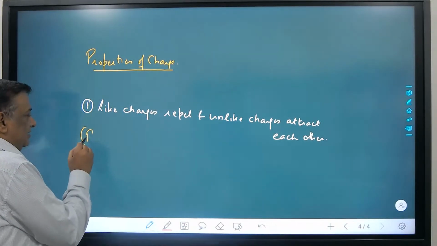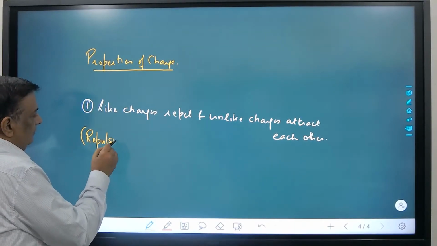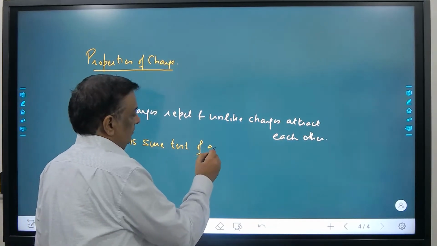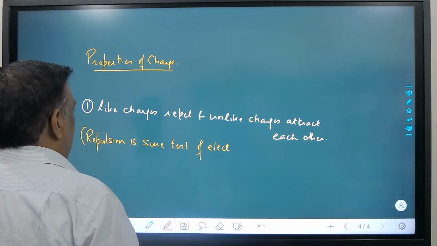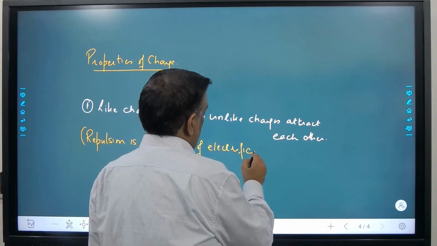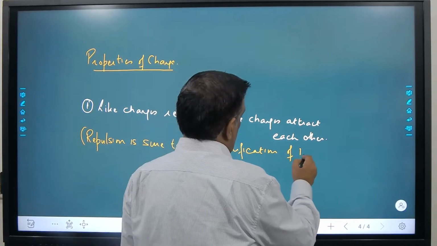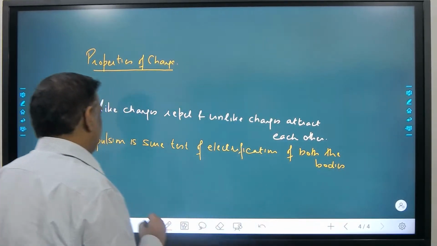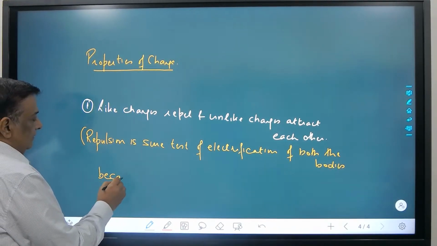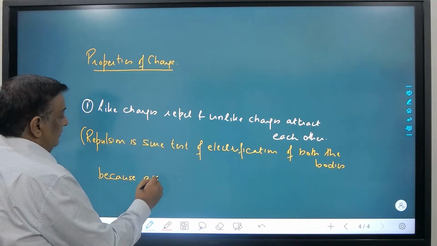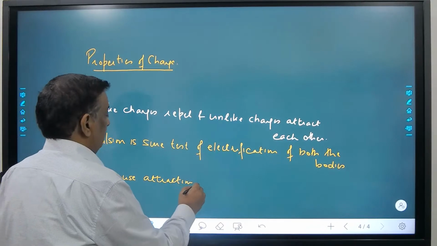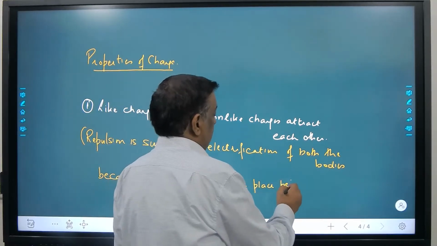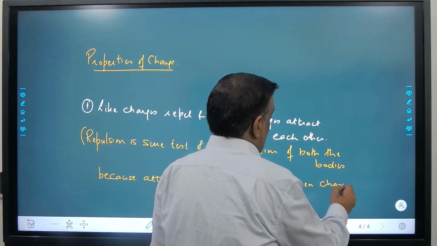So there is a conceptual question which is asked in the board exam: repulsion is a sure test of electrification of both the bodies, because attraction can take place between a charged and a neutral body.